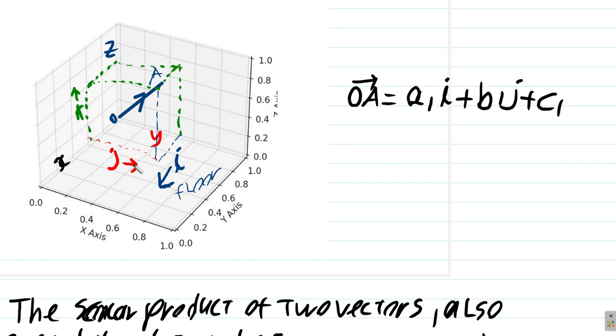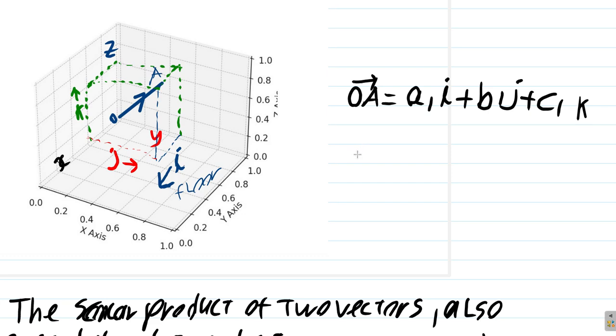Now c1 is this distance here from floor to ceiling, and it's in the z direction, so let's call it k, a unit vector k. Alright, I won't bother to draw the lines like this because it will crowd the screen too much.